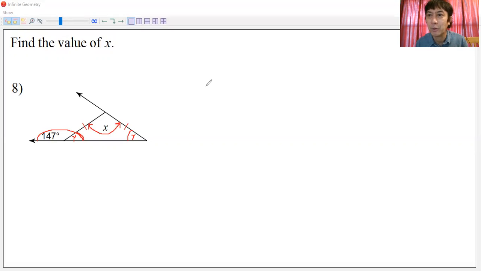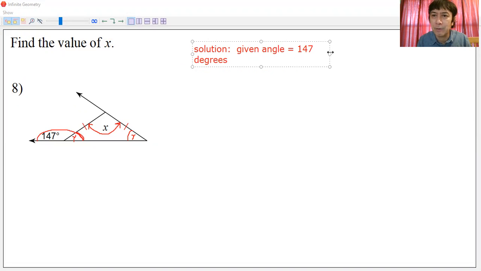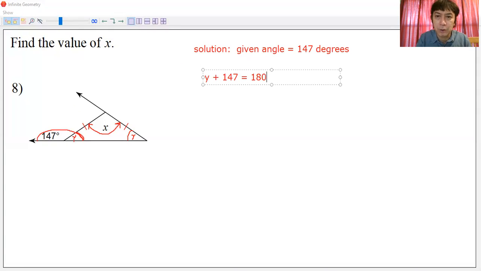All right, so this is going to be step by step. So from 180, let us start our solution from the given angle. Given angle equals 147 there. That's the given angle. So by subtraction and by the principle of linear pair, we have our first equation, which is y plus 147 is equal to 180.